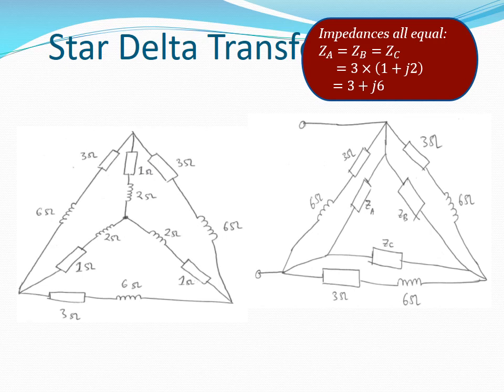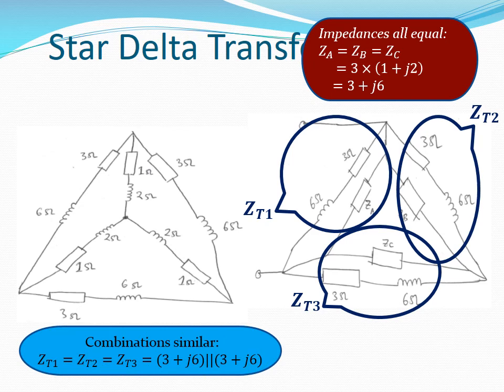ZA, ZB, and ZC are the corresponding delta impedances. The star impedances are equal. Now, if the star impedances are equal, each delta impedance is equal to 3 times a star impedance. Therefore, the impedances ZA, ZB, and ZC are all equal to 3 plus j6.